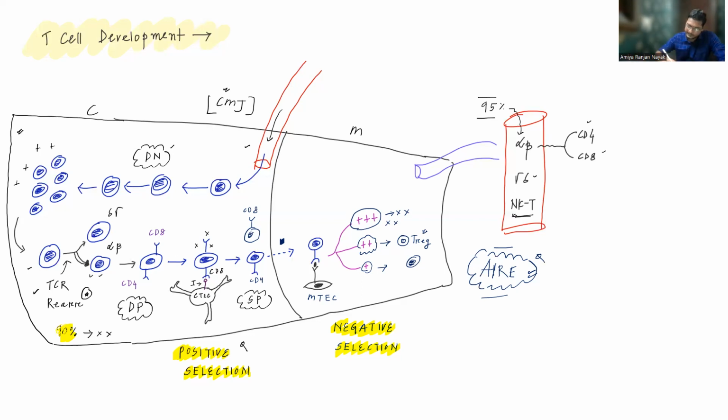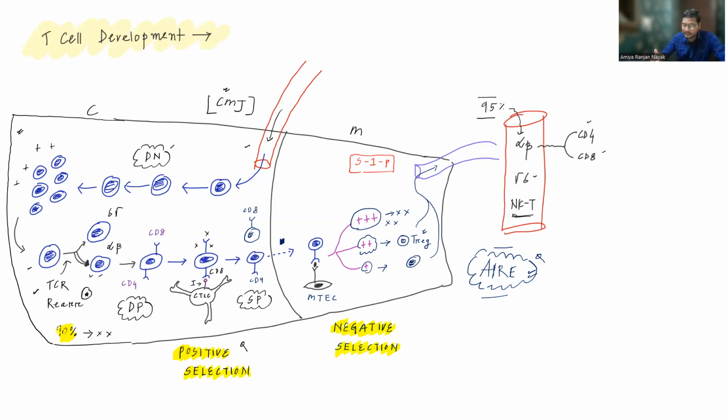These T regulatory cells and the mature T cells will go into the circulation through the venules with the help of a very important protein known as sphingosine 1 phosphate. It is not very important at this point for you to remember, but sphingosine 1 phosphate helps in exporting these mature T lymphocytes into the circulation.